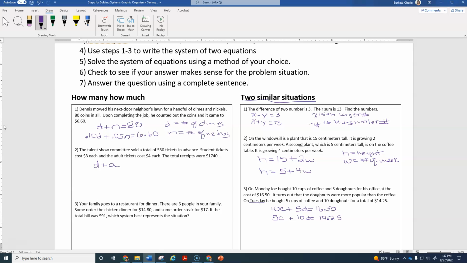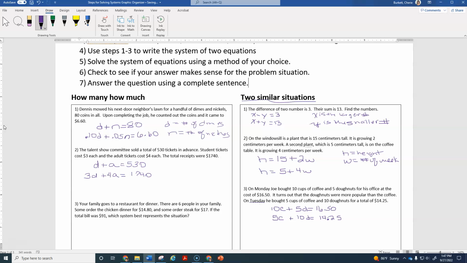So I sold some student tickets, I sold some adult tickets, and I sold a total of 530. That's how many I sold. How much is each one worth? Student tickets are worth $3. $3 for each student ticket, plus $4 for each adult ticket. And what was the dollar amount of the tickets that I sold? $17.40. So there's a how many, how much.